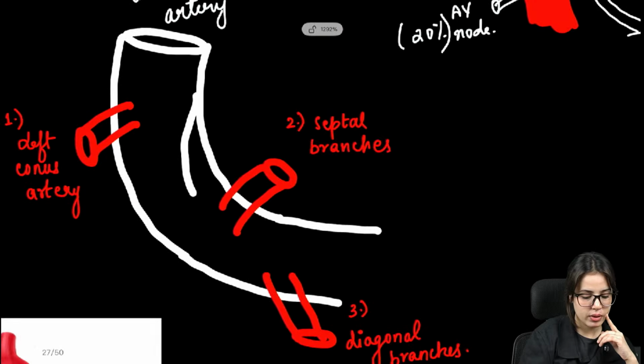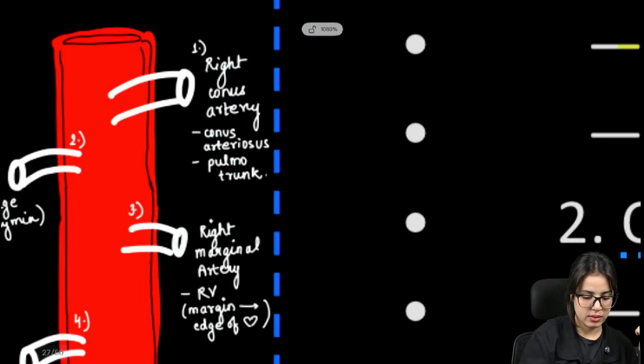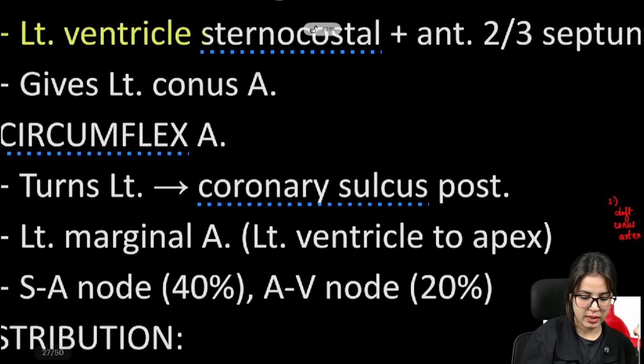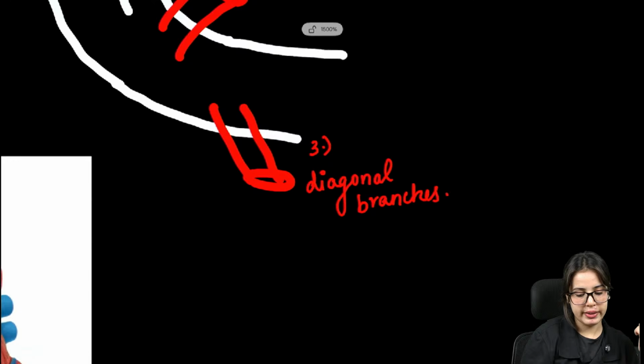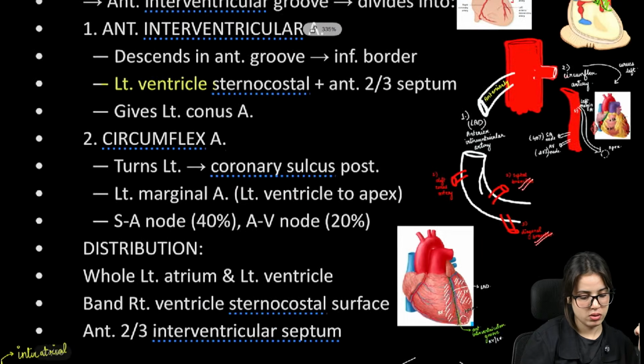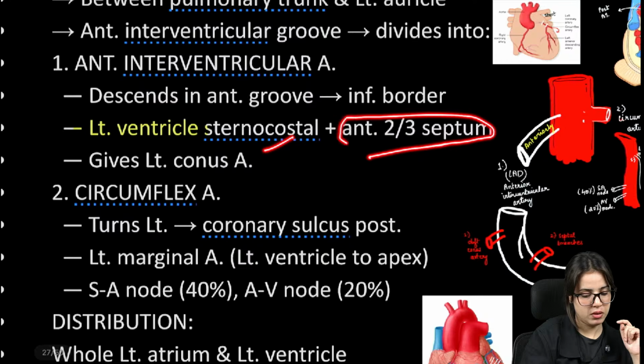Then what are the branches? Left conus artery, exactly like the right conus artery. Then some septal branches and diagonal branches. Anterior groove, inferior border, left ventricle, sternocostal plus anterior septum. What does this mean?